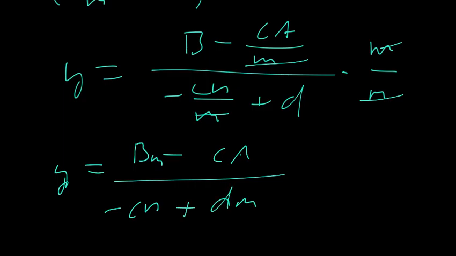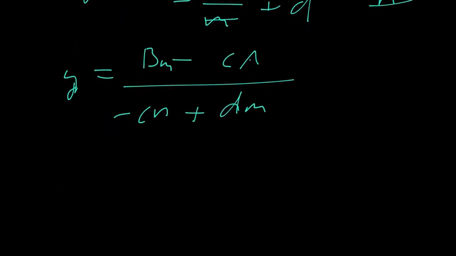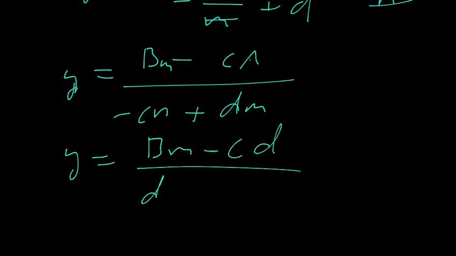So we multiply the numerator and the denominator, the whole thing, by m. And just to put this in a more standard form, I'm going to call this y equals bm minus cd over dm minus cn. All I did was flip the order of these two terms.